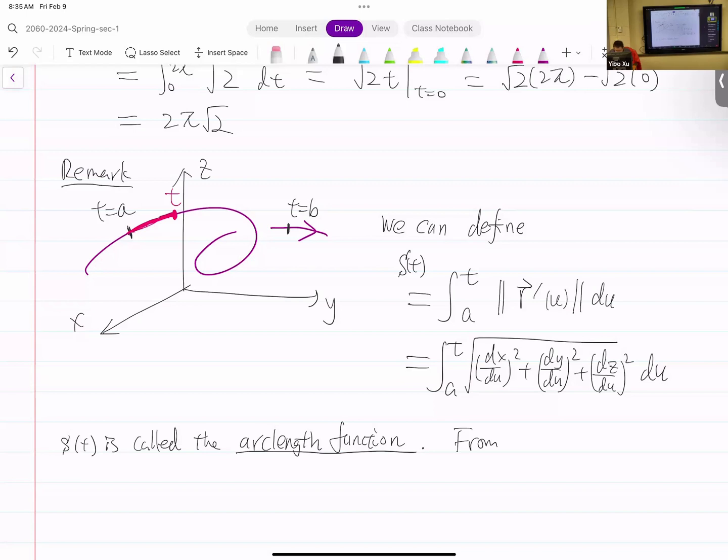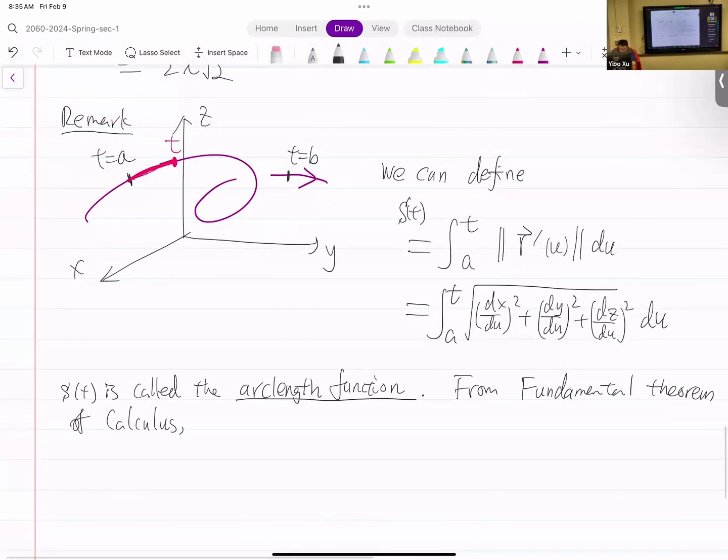And of course, you know from the fundamental theorem of calculus, if you take the derivative of both sides, on the left hand side you will get s prime.